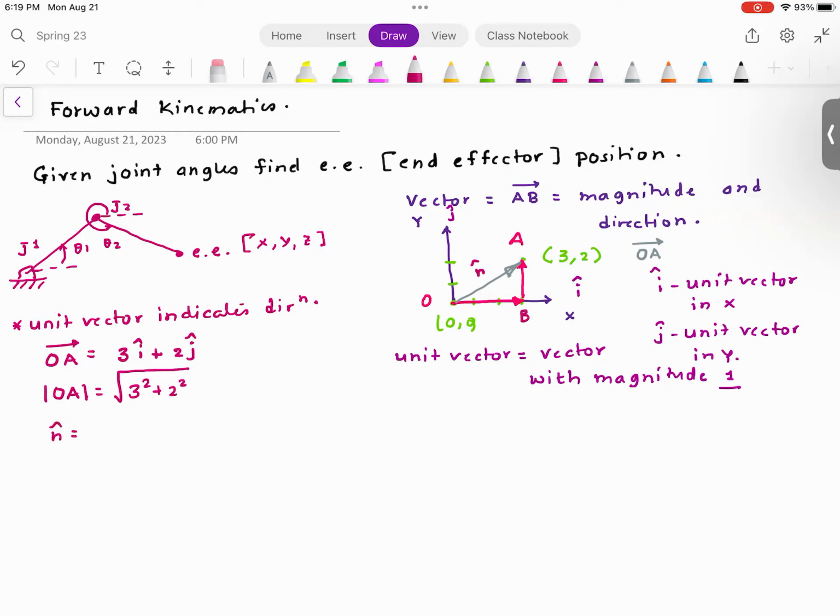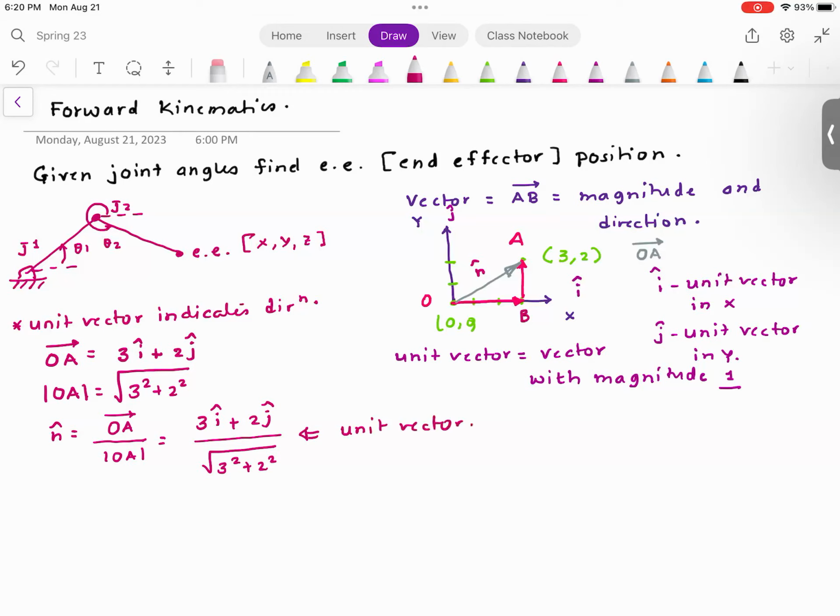The unit vector in the direction OA is the vector divided by its magnitude. So if I say 3i plus 2j divided by the square root of 3 squared plus 2 squared, now this is a unit vector.